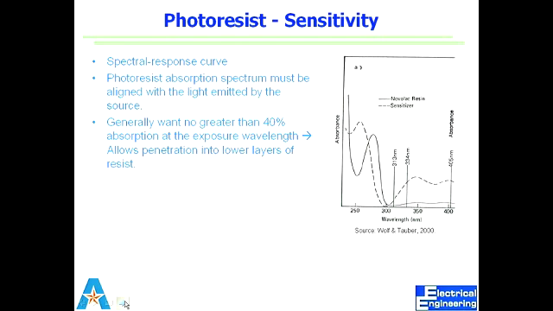If absorption is 100%, the whole energy will get absorbed at the first layer of photoresist it encounters. And it's going to convert into another form of energy, which is making it soluble, causing that reaction to occur, right? But we don't want the whole thing. We want some to travel further down, so it can get absorbed over the whole thickness of the resist.